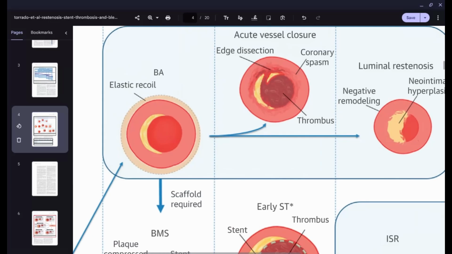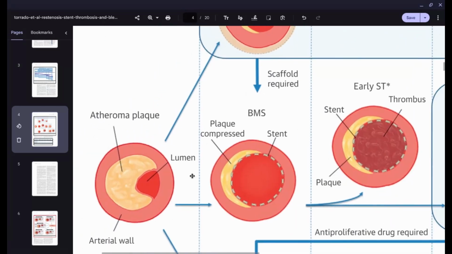It is supposed to perform 2 functions. Don't let the plaque rupture. At the same time, don't let the adenoma, that atherosclerosis, close it. Don't let restenosis. So give us support, which is the origin of the usage of stents.